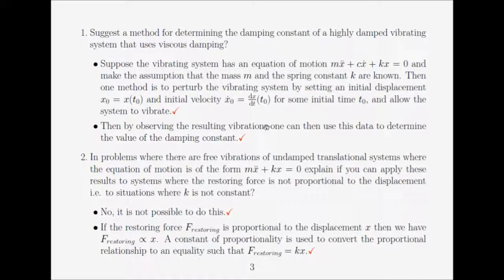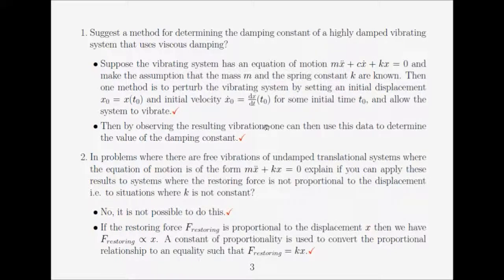So we have the mass, the spring, and the damper. We cause a disturbance in the system; essentially, we bump the mass or the spring. The system oscillates. We analyze the motions, and from that analysis we can work backwards to figure out what damping constant c would be required to exhibit this type of motion.